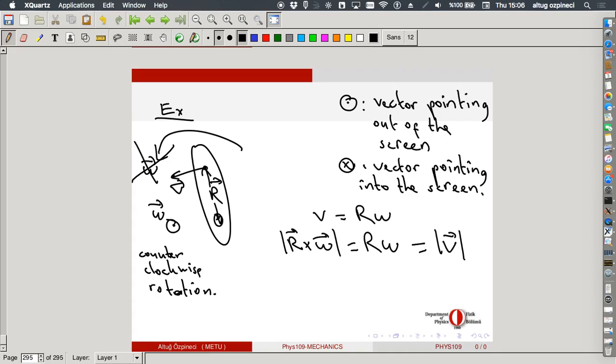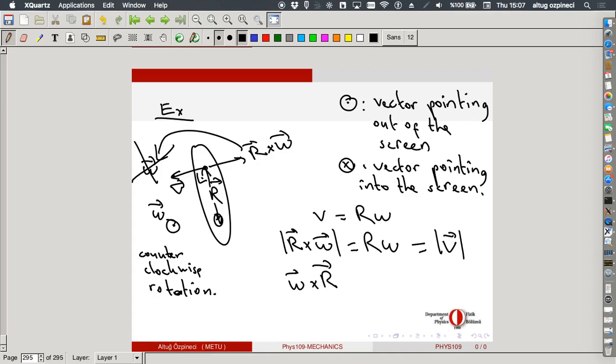So r cross w is in the opposite direction of w. Well, omega cross r is in the same direction as the velocity vector. You see, this is 90 degrees, it's doing circular motion, and in any circular motion, the velocity vector is always perpendicular to the radius vector, and omega cross r is also always perpendicular to both r and omega.